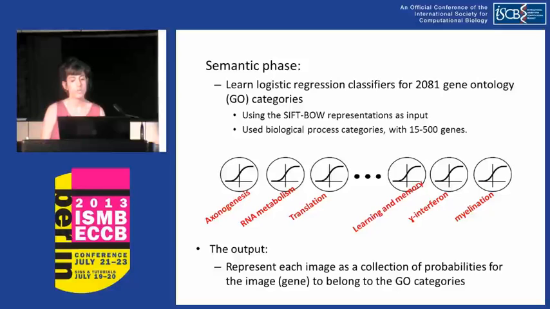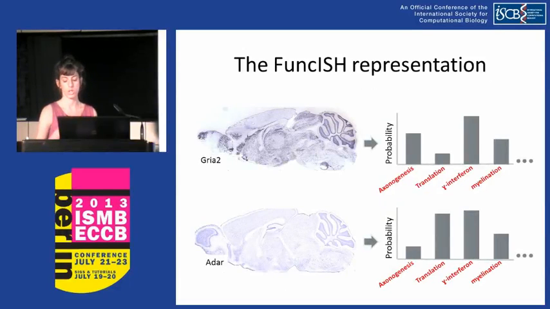So the output of a logistic regression classifier is a probability for an image, or a gene that is imaged, to belong to each GO category. So now we can represent each image as a collection of probabilities for the gene in the image to belong to all GO categories, and this is what it looks like. This is our final representation.